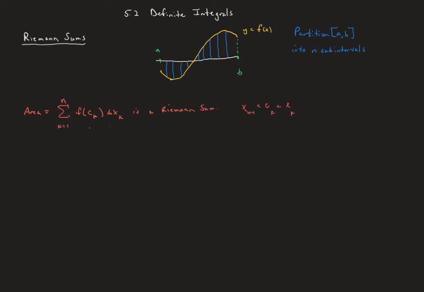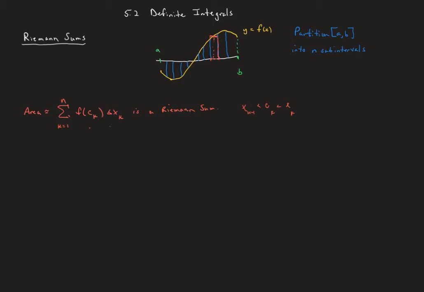So that is the point that we're using. If I imagine here's one subdivision, then whatever you plug in for the height could be any point in that interior. You could make a rectangle out of that. So it could be the left side, right side, midpoint, or just a random point in between there.